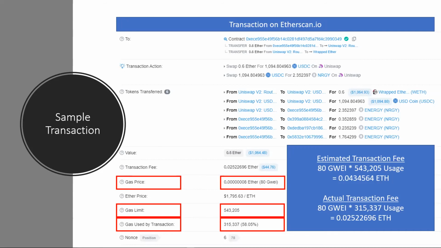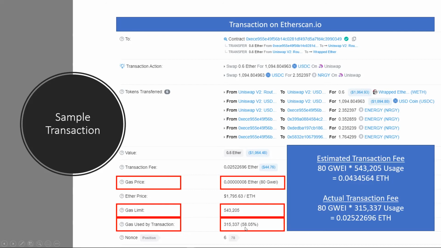So here's an example where if you look at the gas limit, which was 543,205, you'll see that's the amount that was estimated for this transaction. So that estimated amount at a gas price of 80 GUI comes out to 0.043 Ethereum.